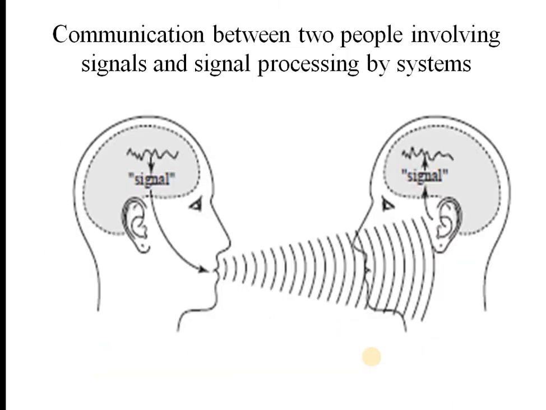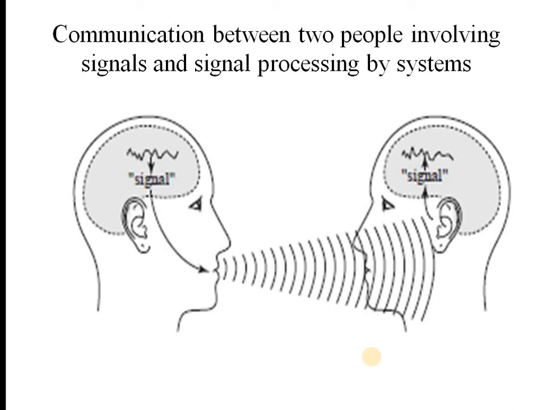And similarly, I would also try to explain the communication between two people involving signals and signal processing by systems. Let us consider, this is a daily example that we generally see, what happens in a conversation when one person says a word, something like signal, and another hears it.